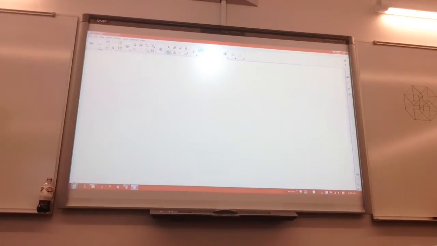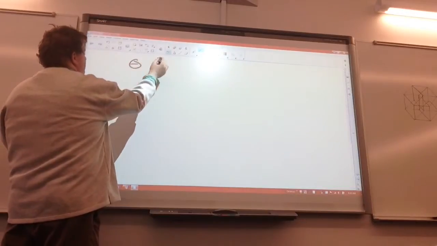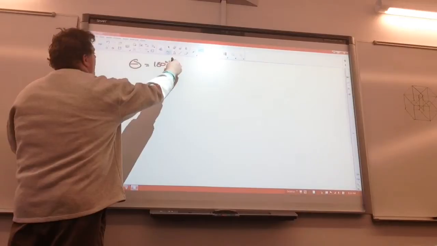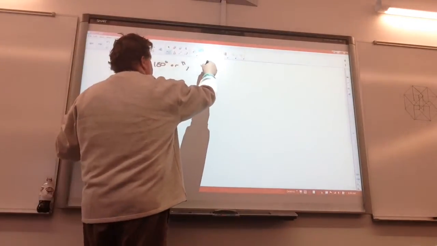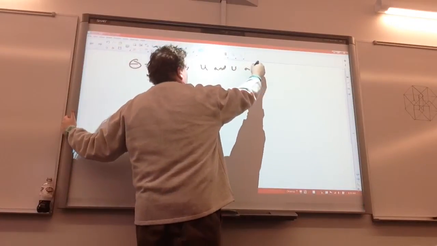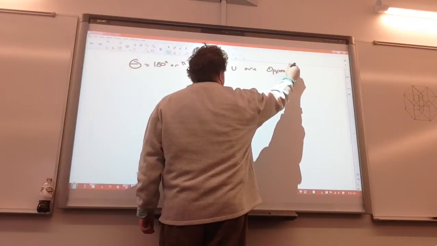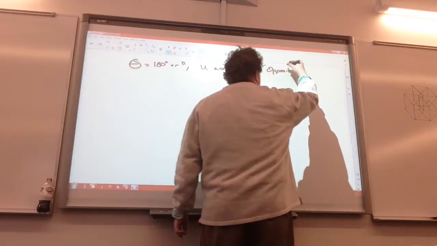If the angle between two vectors is 180 degrees, or pi in radians, vectors u and v are opposites. They're in opposite directions.